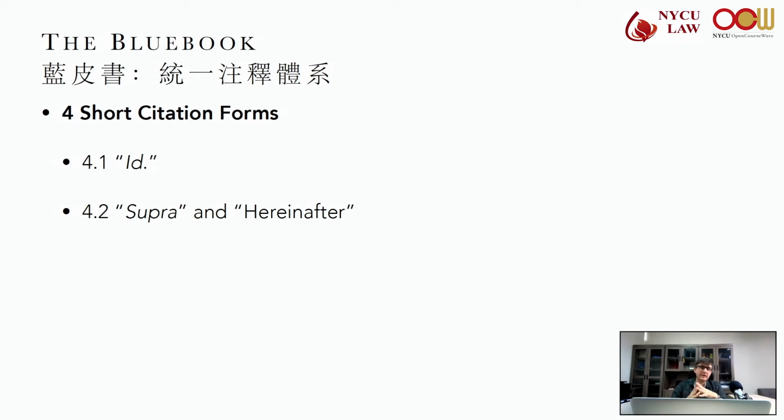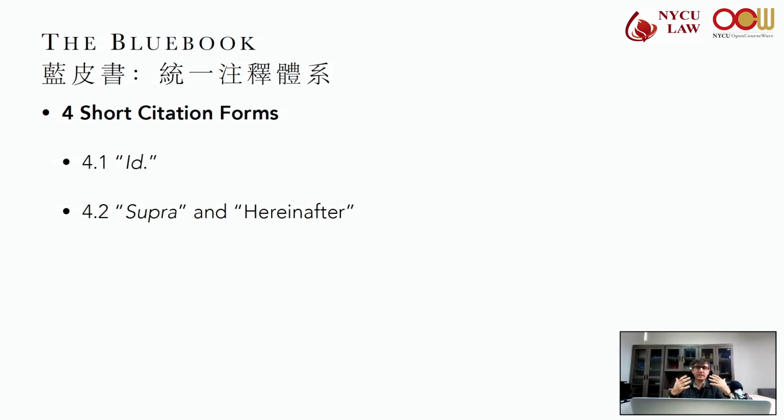So let's talk about supra first. This is in section A. We use supra when an authority has been fully cited before, and we can use supra unless we need to use id when it's immediately preceding.